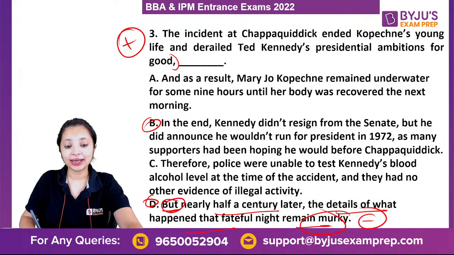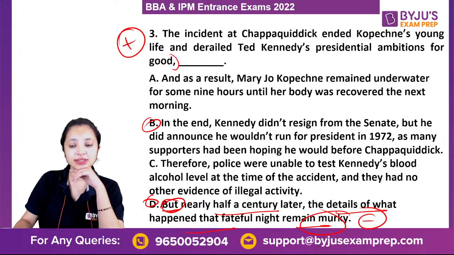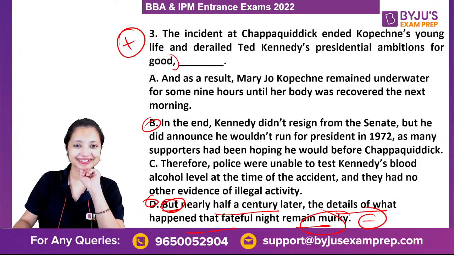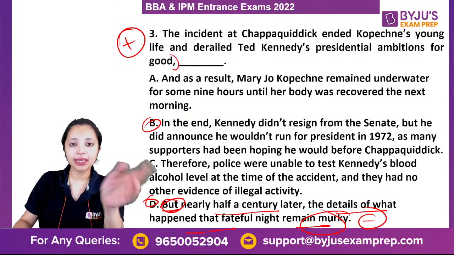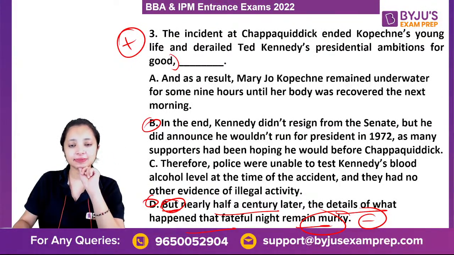If I connect it with a but, that makes more sense. Does it? Instead of B, D makes more sense. Does it? Yes? Do you agree with me? So what should the correct answer here be then?